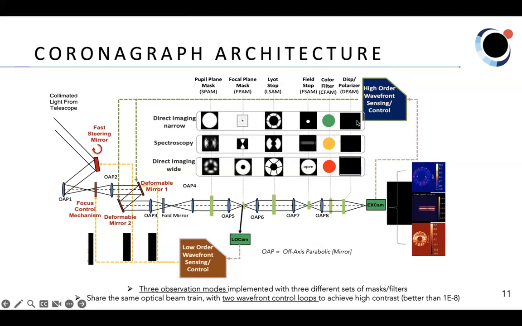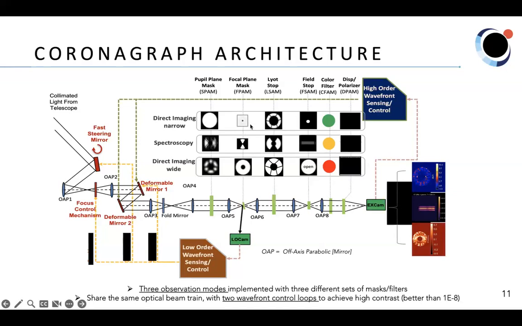It's just that they're designed to work together as a system in one band. Exactly. So each of the masks have been explicitly designed for that wavelength and that mode. So you really can't combine band 1's pupil plane mask with band 4 or band 2 spectroscopy. Each of them explicitly designed for those wavelengths and the field of view as well.